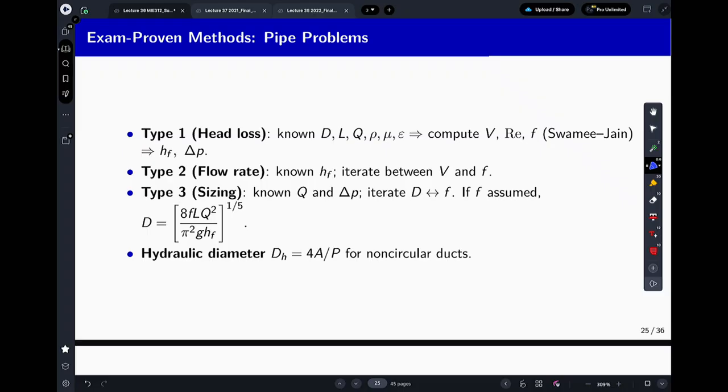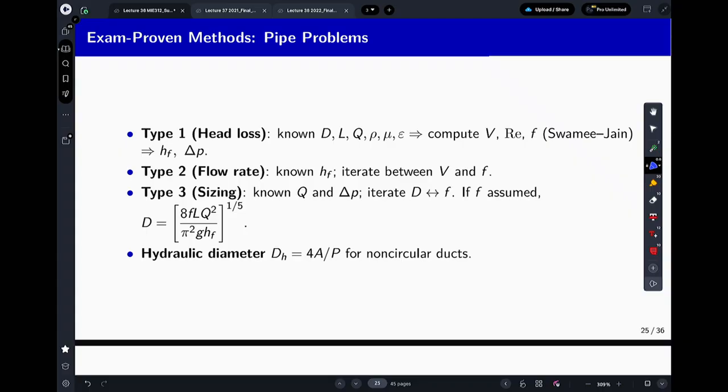You have looked at 3 types of problems. Type 1, head loss: you're given d, L, Q, rho, mu, epsilon, and compute velocity, Reynolds number, f. There I'm switching a little bit to Swamee-Jain.